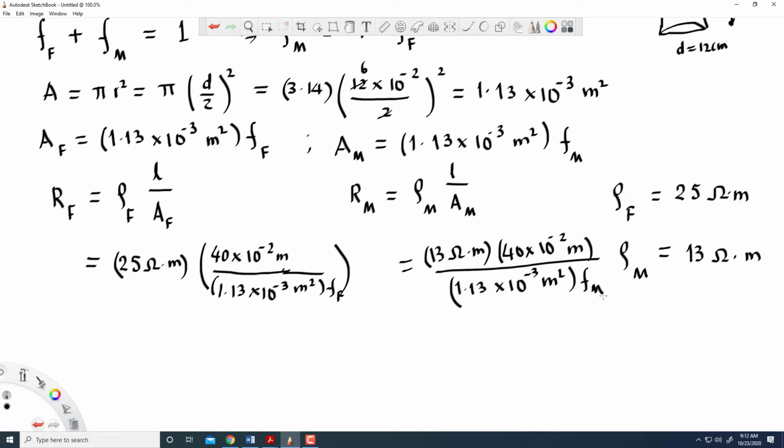Okay. So resistance is that. I can do the calculation and then simplify that.